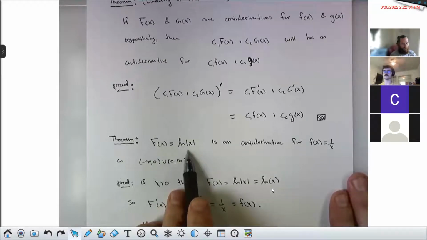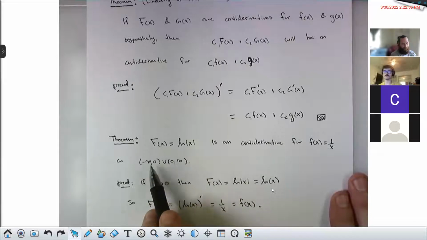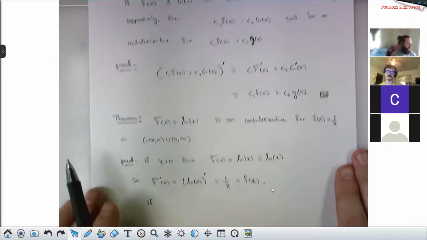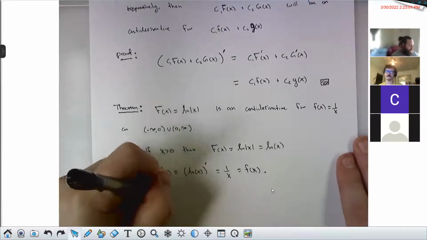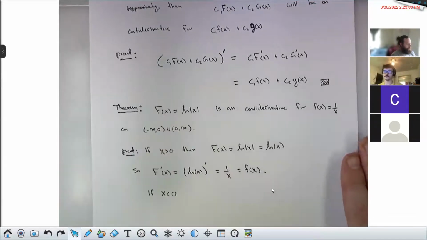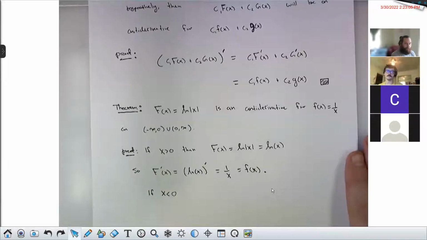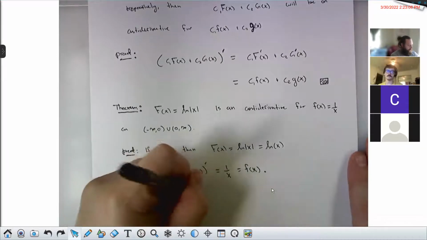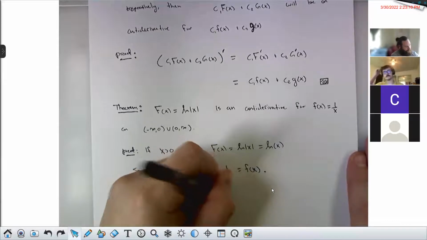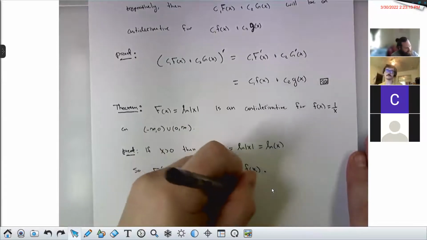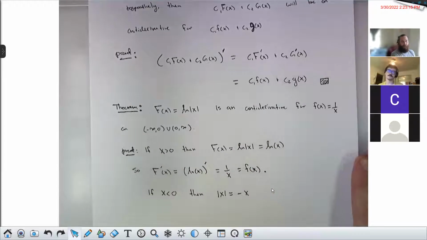The absolute values are the things that generally make people scratch their heads here a little bit. And the reason we have to do that is because we claim that this thing also works as an antiderivative from negative infinity to 0. In other words, where x is less than 0. Now, if x is less than 0, then the absolute value of x is the negative of x. That's what absolute value does. If you're positive, it leaves you alone. If you're negative, absolute value multiplies you by -1 to make you positive.